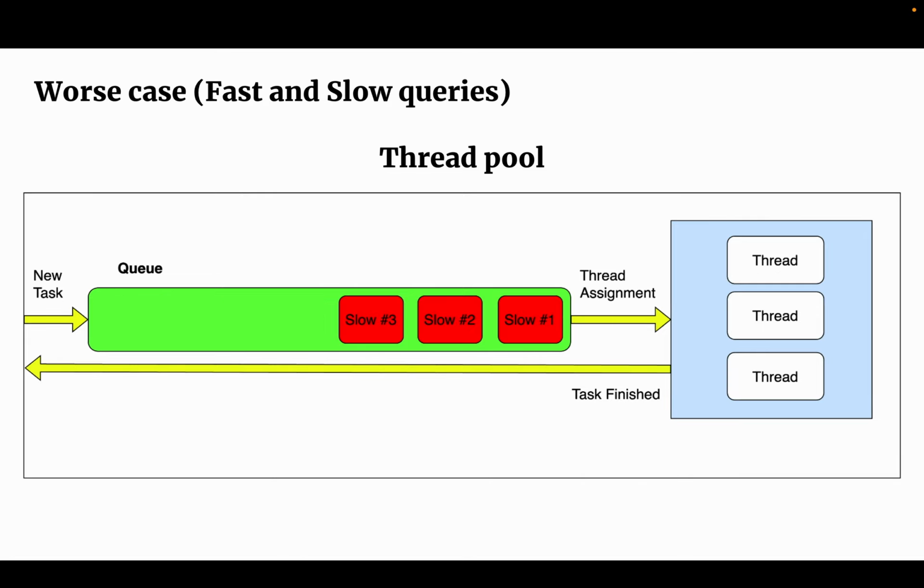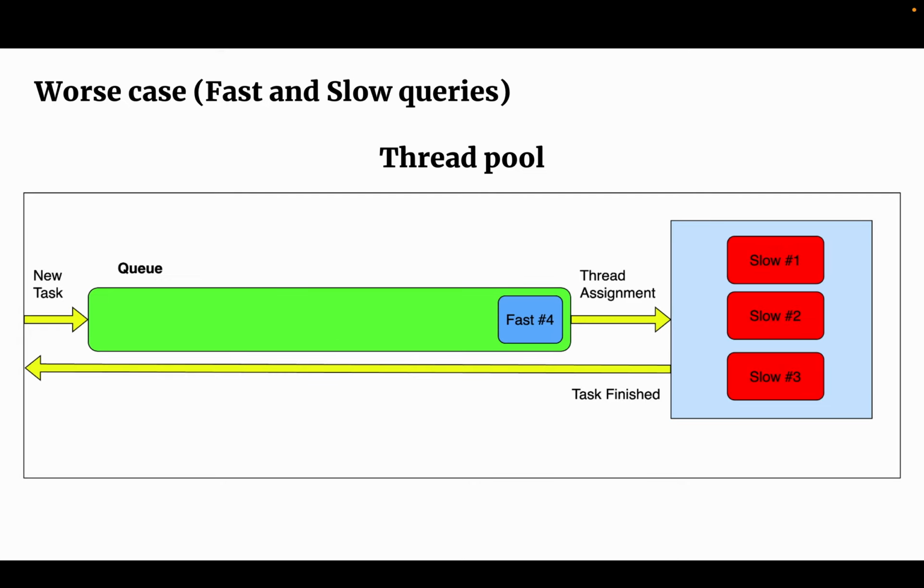Okay, let's look at the worst case scenario with both fast and slow queries. In this scenario, we have 3 slow tasks in our queue. The thread allocator assigns each slow task to an available thread for execution. However, since all the threads are occupied with slow tasks, there are no available threads to process the incoming fast task.